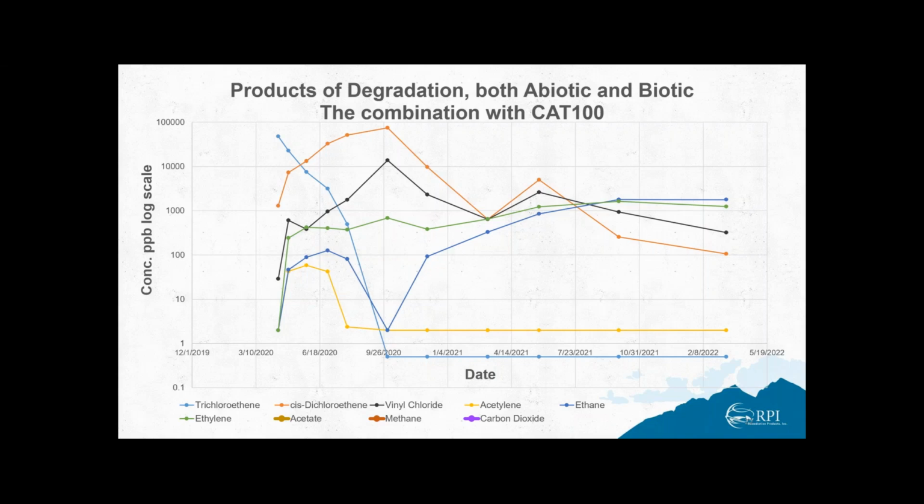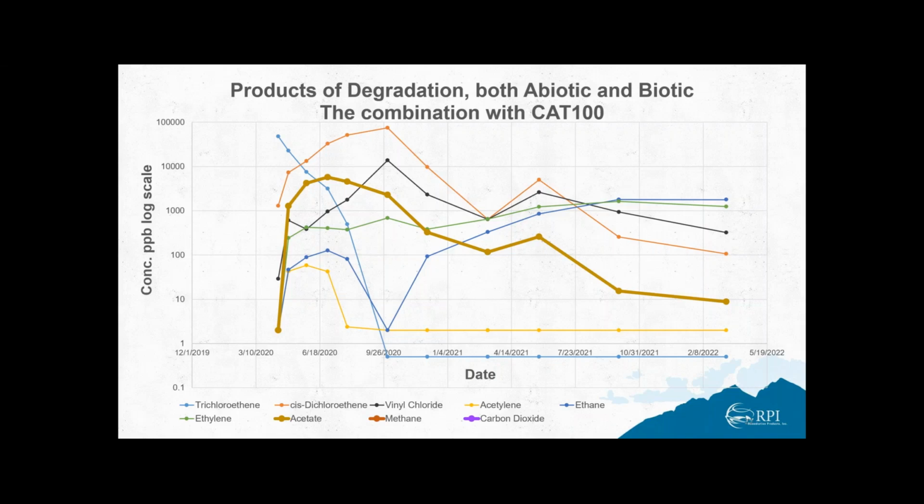Now it becomes even a greater bowl of spaghetti. The brown line I just put up is acetate. That is definitely a product of microbial metabolism. And you'll notice that as the acetate peaks, that's kind of when the acetylene is dropping off. So you see your abiotic being replaced by a biotic process.